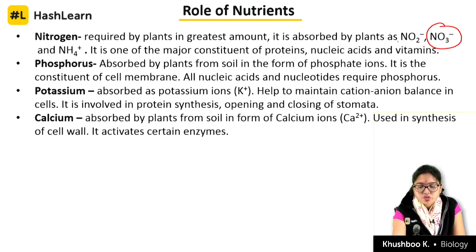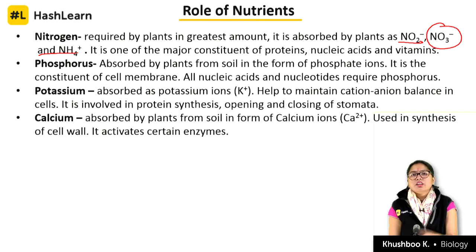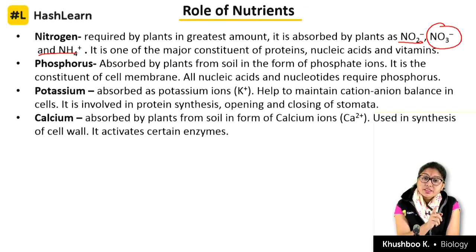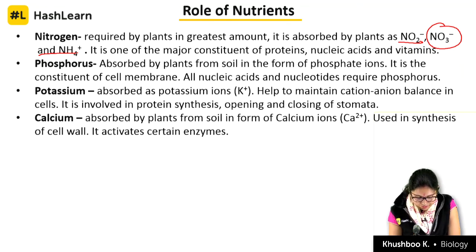In some cases only these are the forms in which the plant will absorb nitrogen, and it is one of the major constituents of proteins, nucleic acids and vitamins, okay. Even the chlorophyll molecule, which is very, very important for the plant, has 4 nitrogen in it, okay. The chlorophyll structure, I'll show you in today's class itself. So nitrogen is required for that also, so that is why it is very, very important, okay.